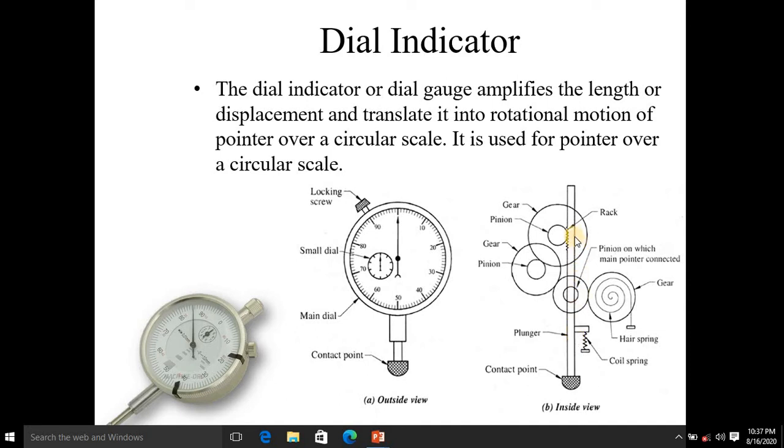On the face of the plunger there is a rack, which is connected to the pinion of the gear, and each gear is connected with the second pinion, the second gear with the third gear. In this way, each and every gear is connected with each other. A hairspring is used to return the plunger to its original position after removing the job.